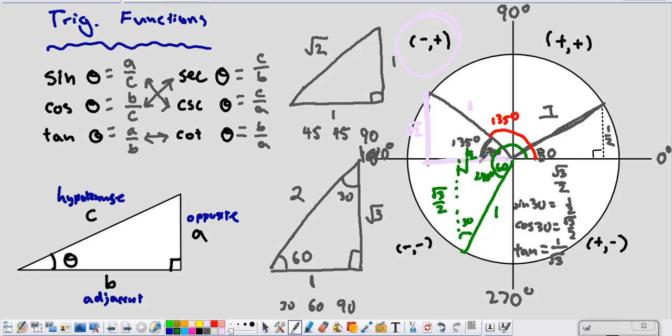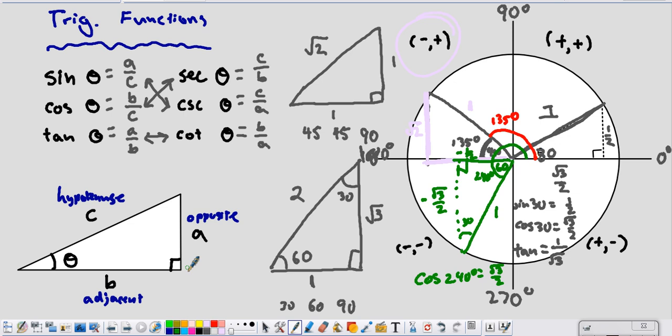Except because we're in the third quadrant, this line is actually negative 1/2, and this line right here is actually negative radical 3 over 2. So the cosine of 240 degrees is the opposite, negative radical 3 over 2 over the hypotenuse, which is 1. So cosine of 240 degrees equals radical 3 over 2.